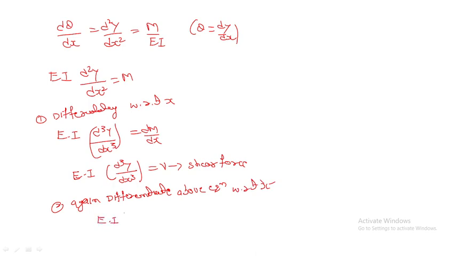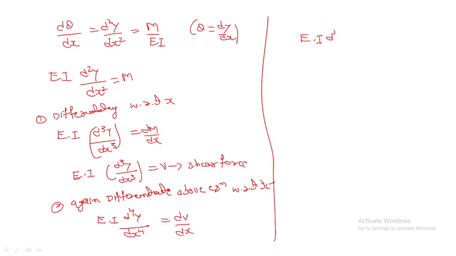EI d⁴y/dx⁴, if we differentiate one more time, that becomes dV/dx. So EI d⁴y/dx⁴ is equal to W. This is a very important one. So W is what? W is the loading intensity.